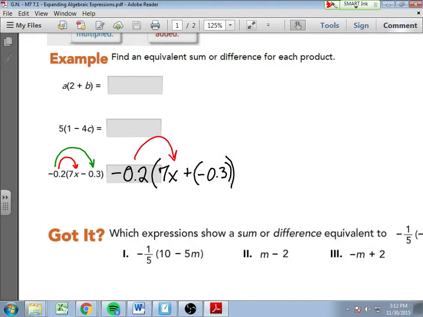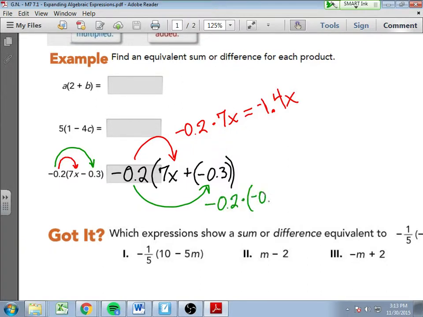I'm going to show the work, like where it is. So my first multiplication is negative 2/10 times 7x, which is negative 1.4x. My second multiplication is negative 2/10 times negative 3/10. Here's a trick, a trap door. Don't fall into it.